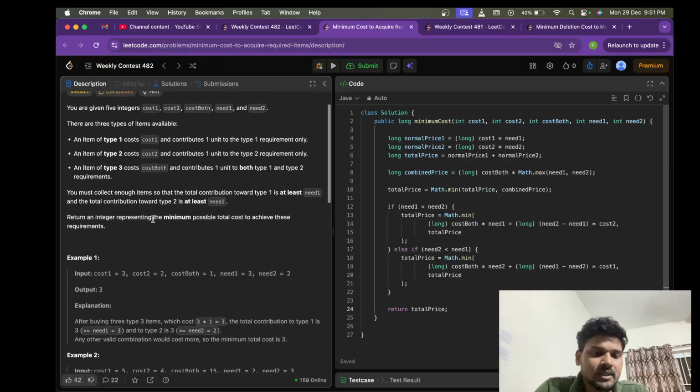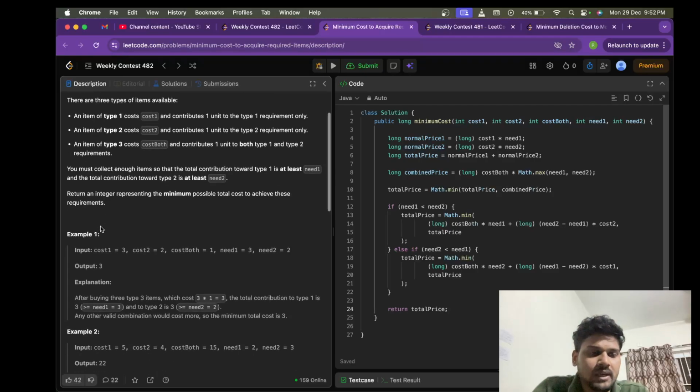So we have to fulfill need1 and need2, and return an integer representing the minimum possible total cost to achieve these requirements.